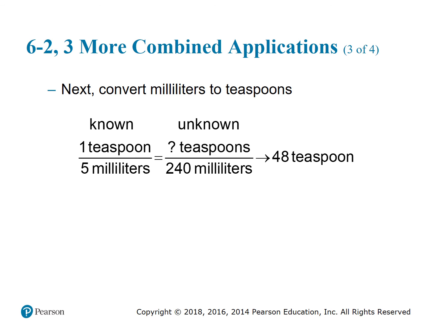Then we're just going to cross multiply our 1 and our 240, and that gives us 240. When we divide by 5, we get 48. And 48 is our teaspoons. If we were to plug 48 back in for our X and cross multiply both sides, we should get 240 on both sides of our equal sign. And that's how we would do a multi-step conversion.